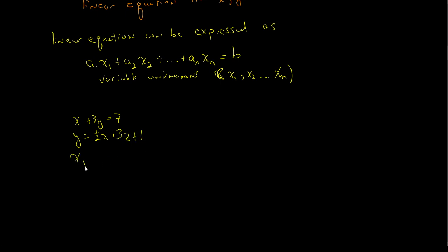And I can have a linear equation that looks like this. Here we have two unknowns, three unknowns, and 4 unknowns.